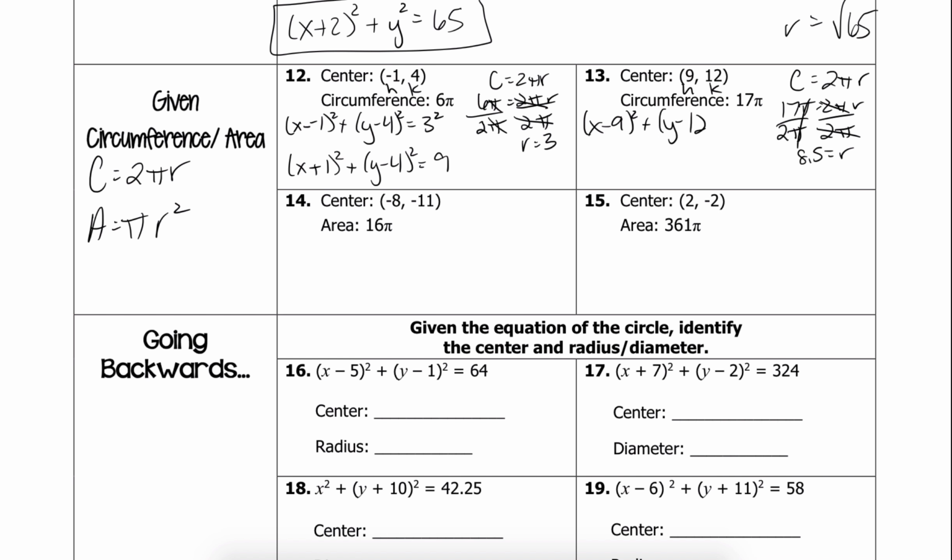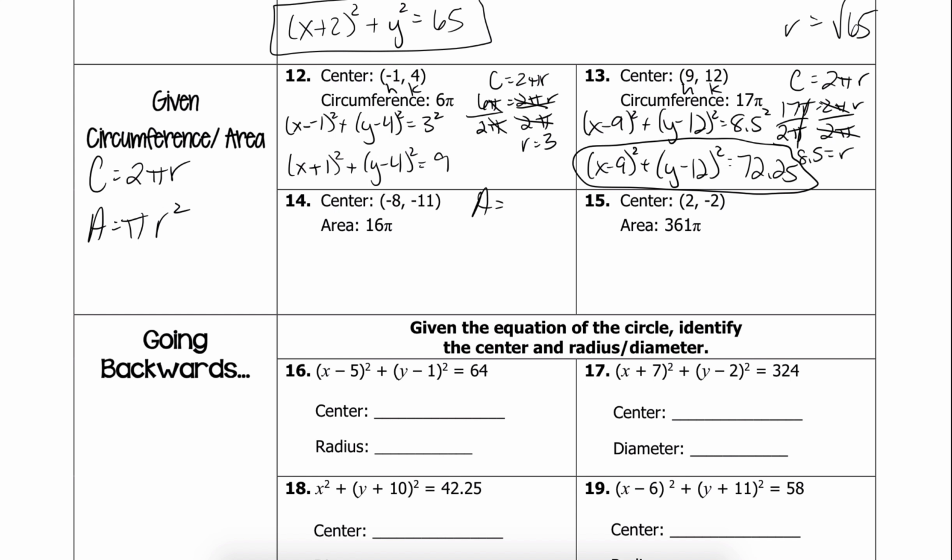Y minus 12 squared equals 8.5 squared. So when I simplify that part, 8.5 squared is 72.25. It's the equation.